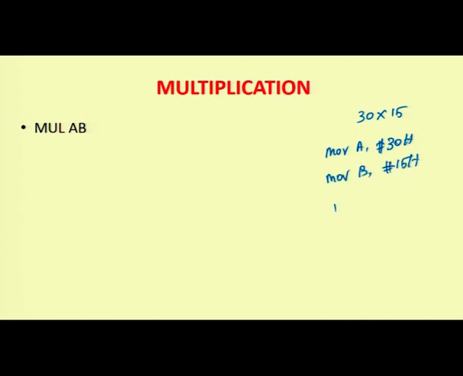Okay. Just use MUL AB. So, what it will do is A and B are multiplied, right, and the result is stored in AB itself. The lower byte is stored in the accumulator, and the higher byte is loaded in the B register.